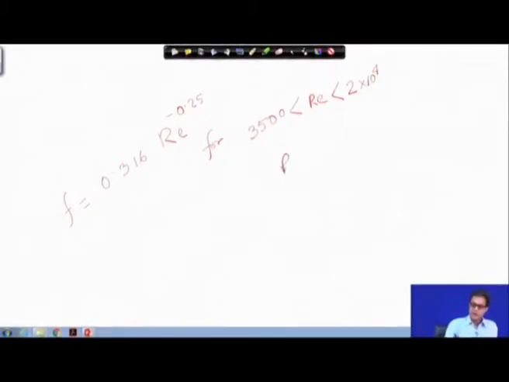For Re greater than 2 into 10 to the power 4, we have f equal to 0.184 into Re to the power minus 0.2.